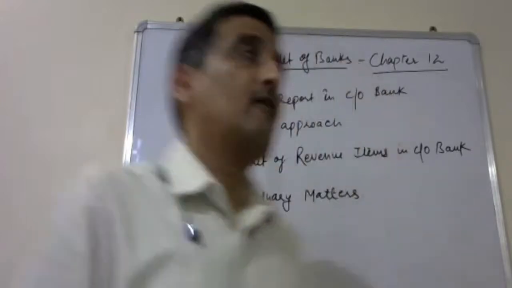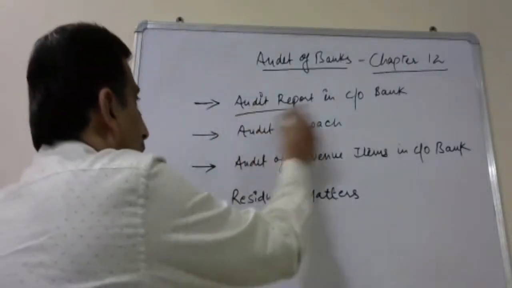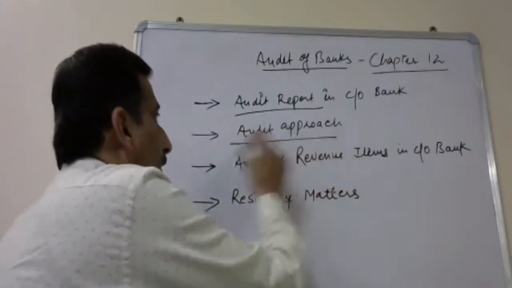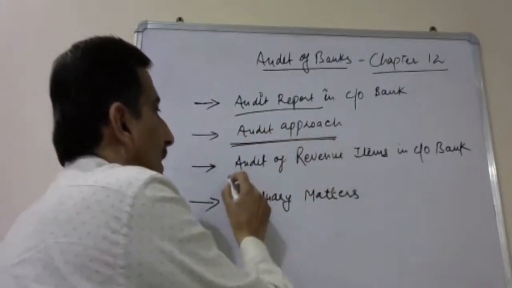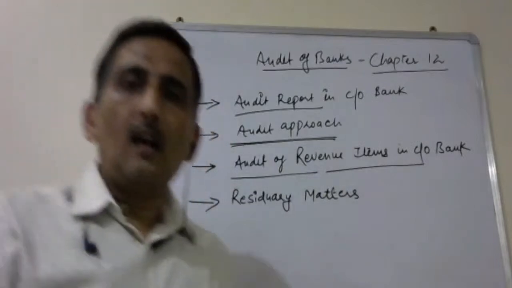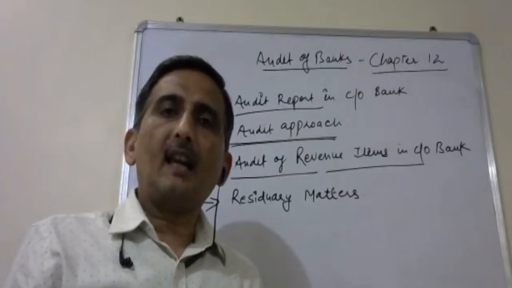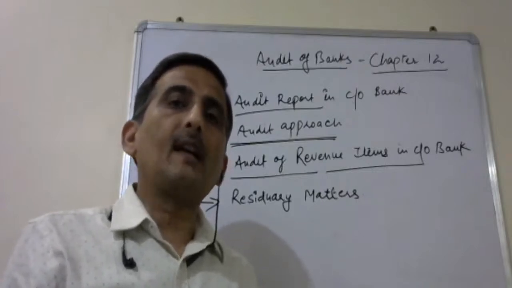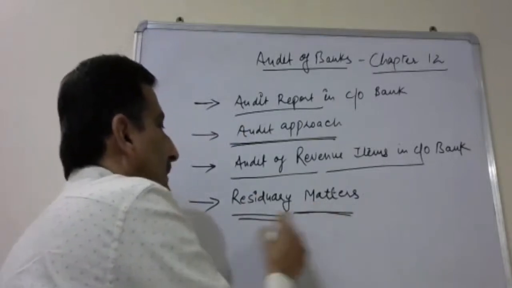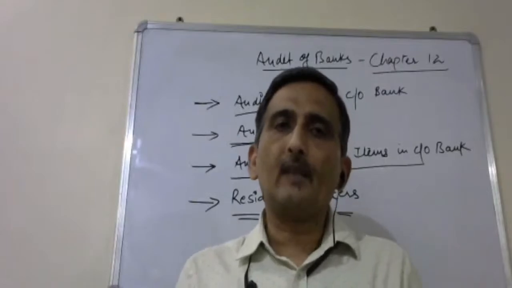So today we will be discussing the audit report in case of a bank, overall audit approach, audit of revenue items, meaning the approach to be adopted by the auditor in case of audit of profit and loss items, and some other residuary matters which were not covered day before yesterday.